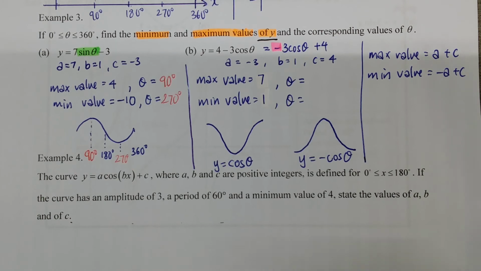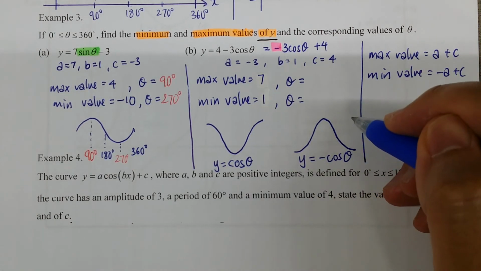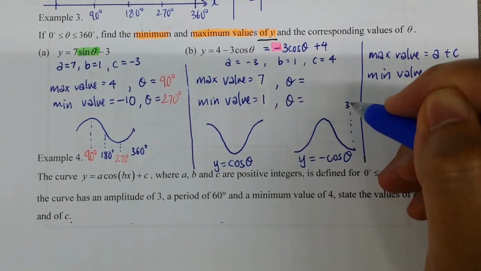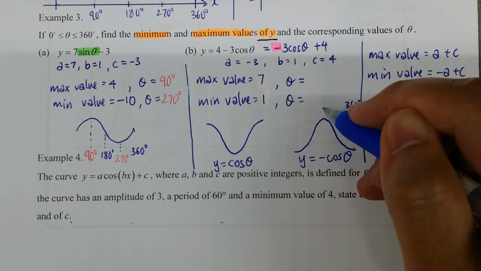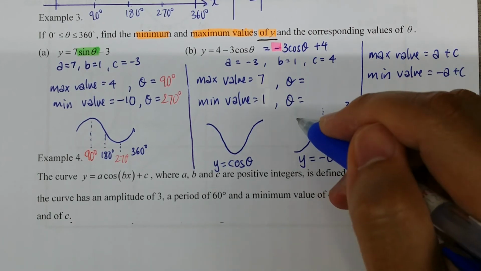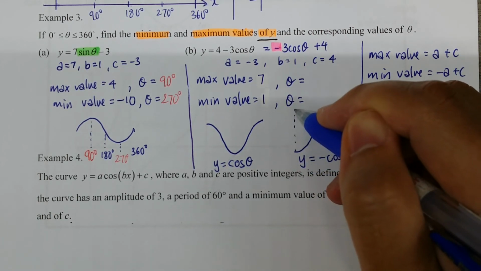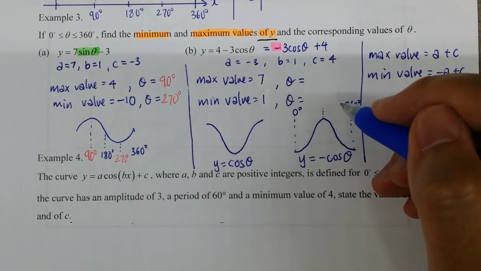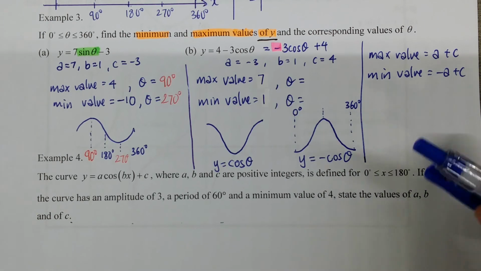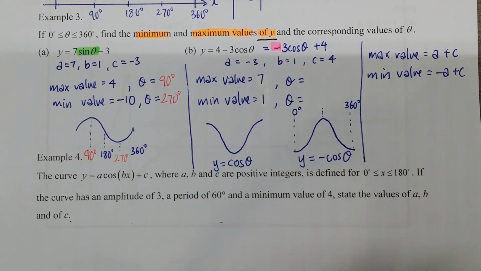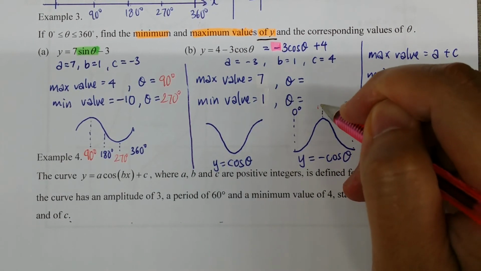As mentioned earlier, the endpoint here is 360. The starting point is definitely 0 degrees, and the midpoint happens to be 180.